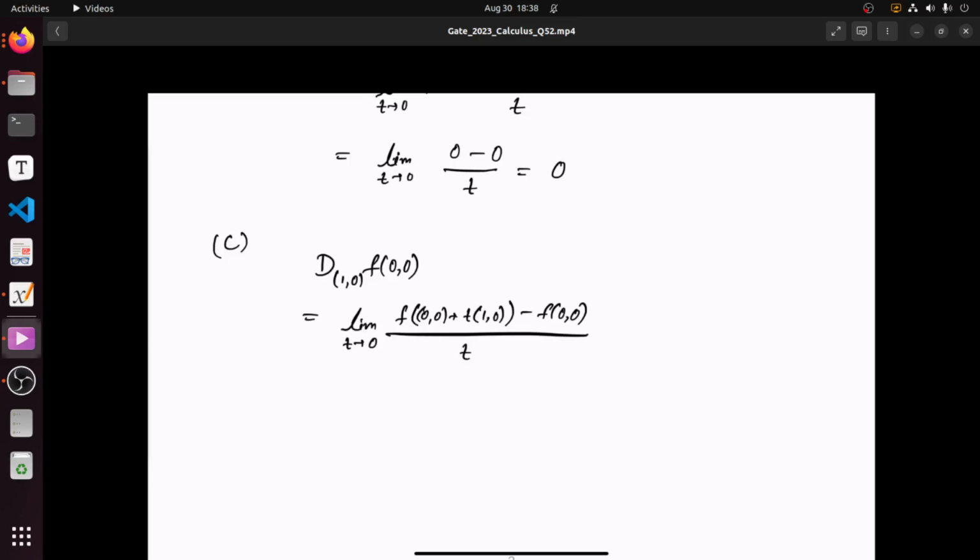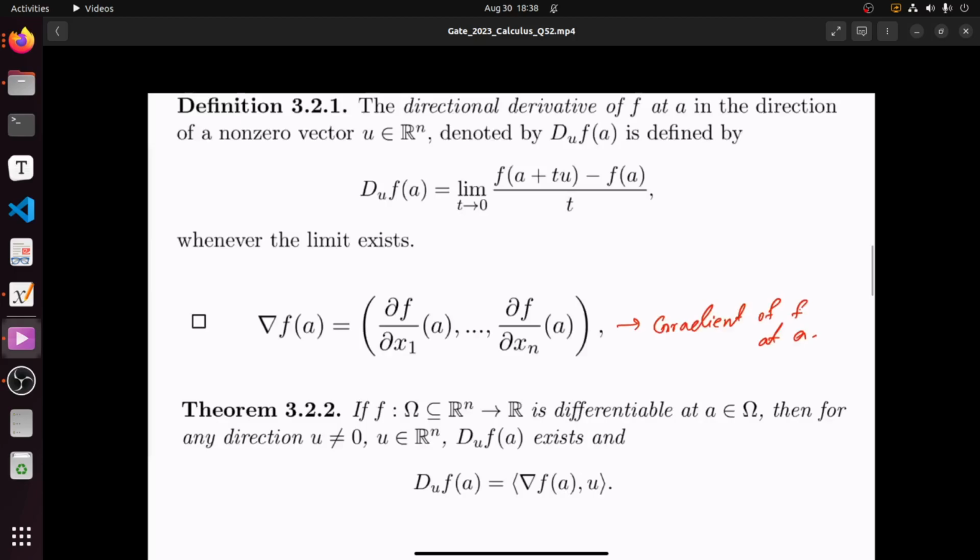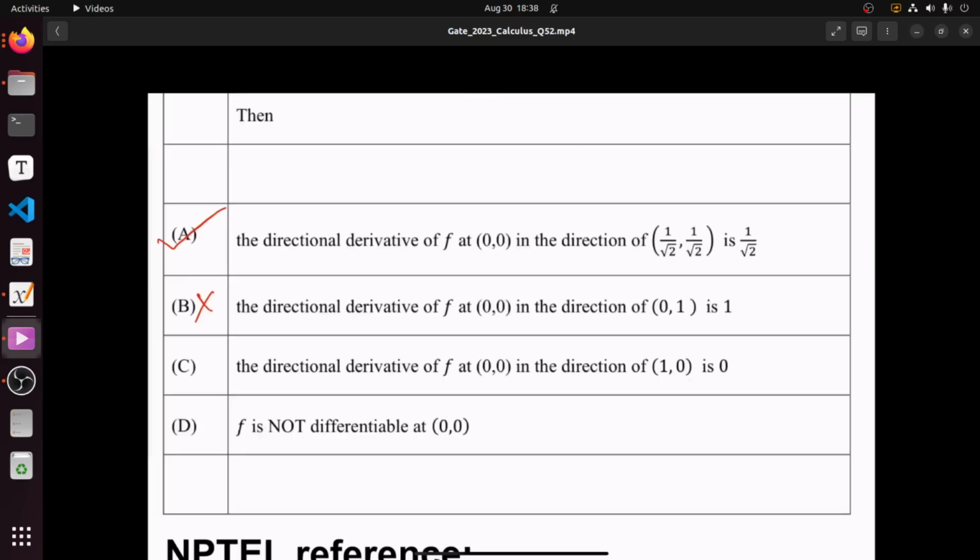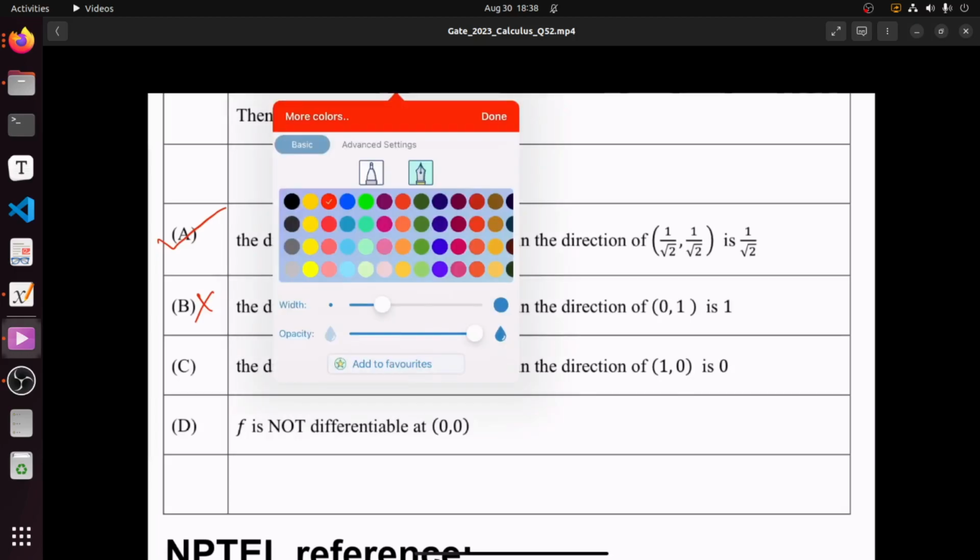Again, if you calculate this, we will get 0 minus 0 by t. So again, this is 0. So the directional derivative will be 0. This is del f by del x at the point 0, 0. So this is 0. It is saying the directional derivative of f at 0, 0 in the direction 1, 0 is 0. So this is correct.